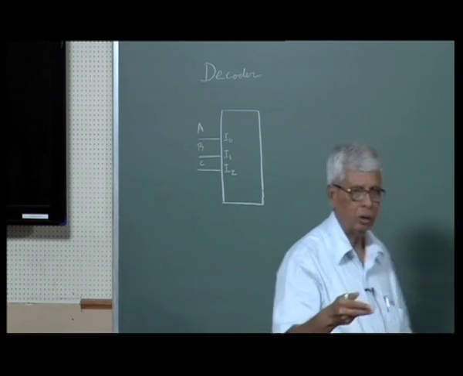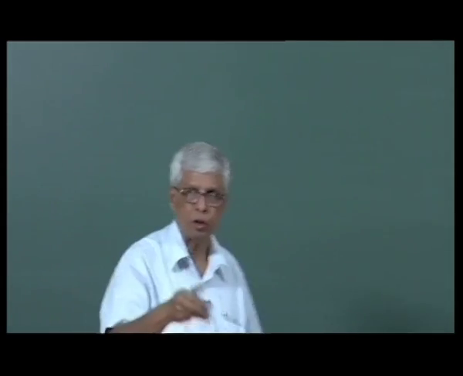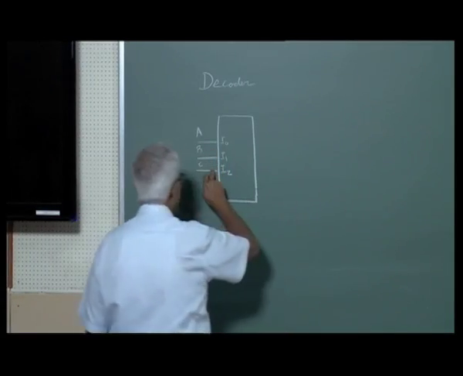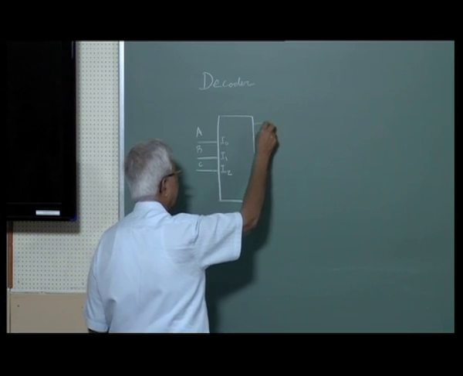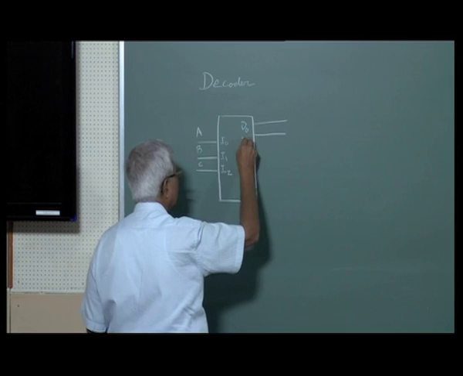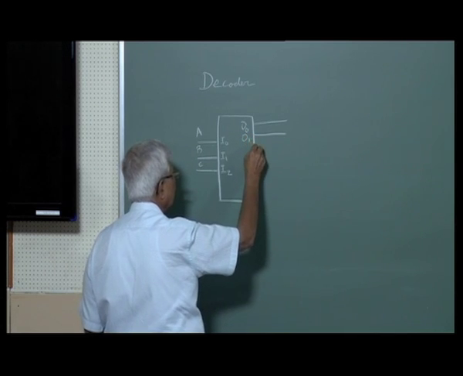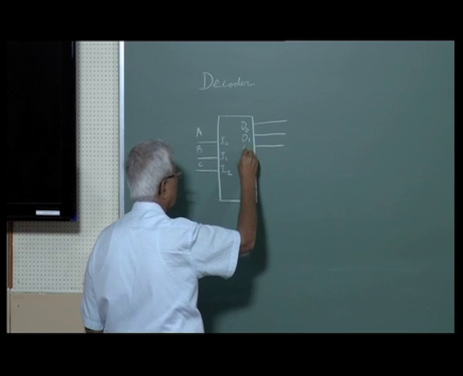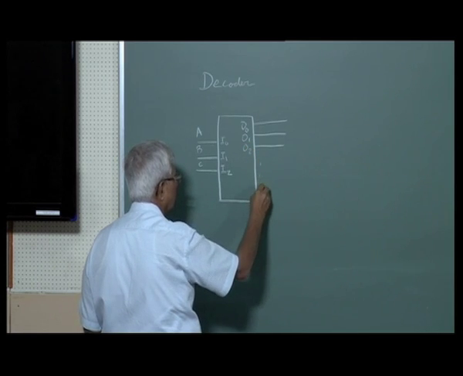I0, I1, I2 can be 0, 0, 0, 0, 0, 1, etc., 1, 1, 1. So, I can decode this into 8 combinations: O0, output 0, output 1, I stands for input, O stands for output, O2, O7.